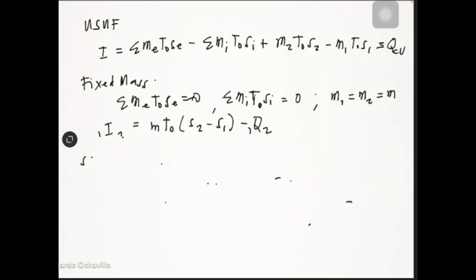Now, this is called the dead state. Why? Because your velocity is equal to 0. And through a dead state, you can determine the maximum reversible work.